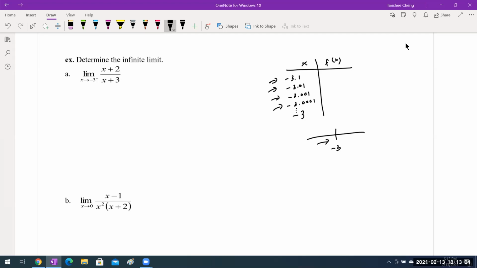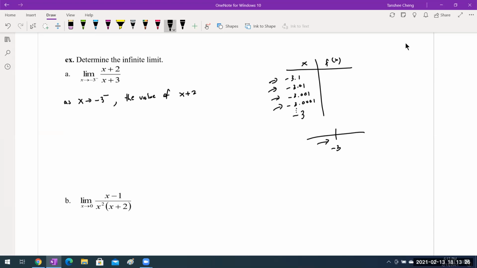For this case, we are interested in x approaching -3 from the left-hand side. What we need to find out is the value of (x + 2) over (x + 3).